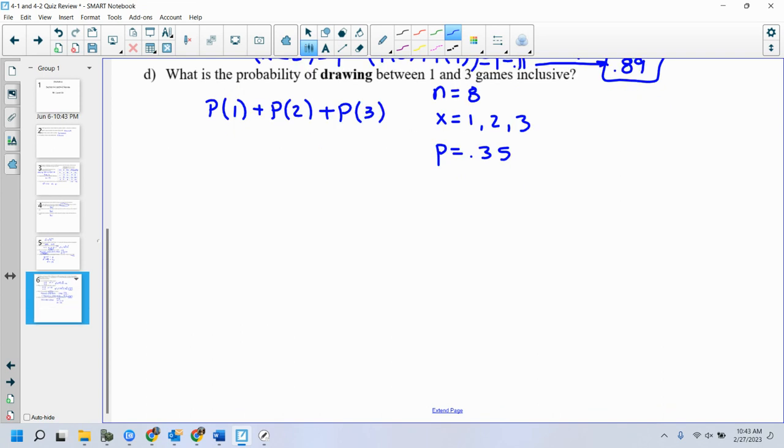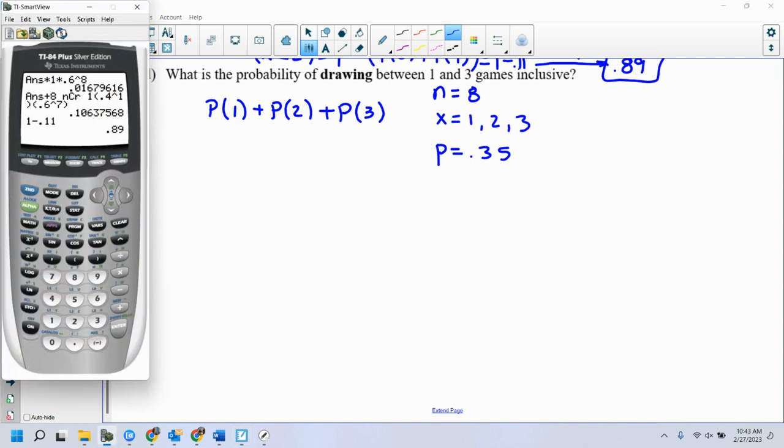So let's run those 3 calculations and add them together. The probability of 1 is 8C1 times 0.35 raised to the first times 1 minus 0.35, 0.65, raised to the 7th.